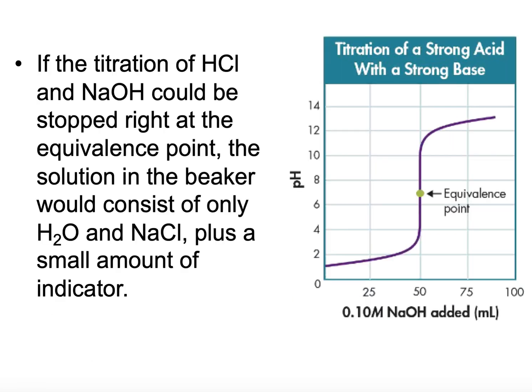So if the titration of HCl and NaOH could be stopped right at the equivalence point, the solution in the beaker would consist of only H2O and NaCl, plus a small amount of indicator.